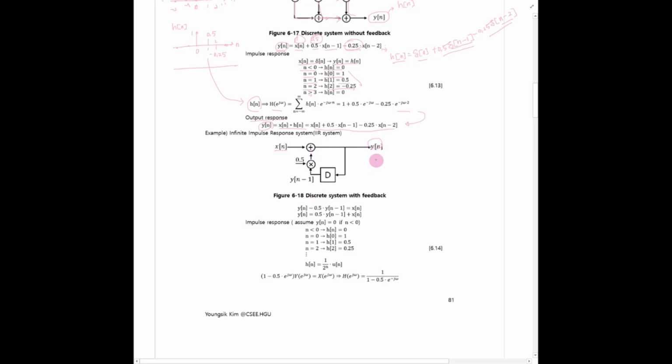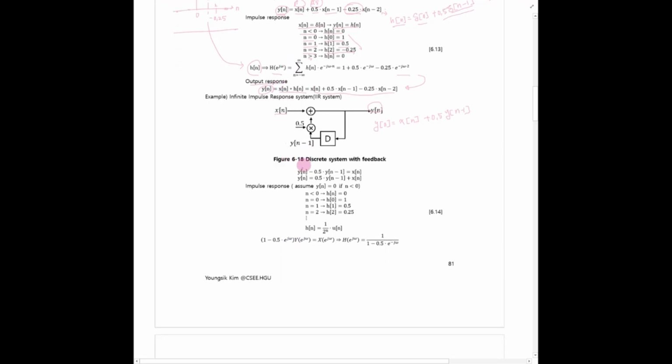So the next output is the current input plus 0.5 times the previous output. Okay, this is it. So that is expressed here, and it is also expressed in this way in the difference equation.